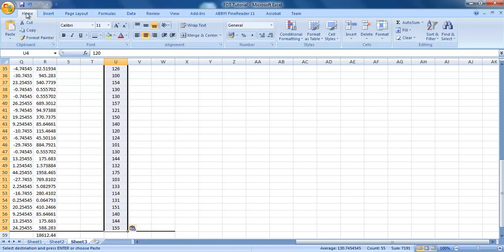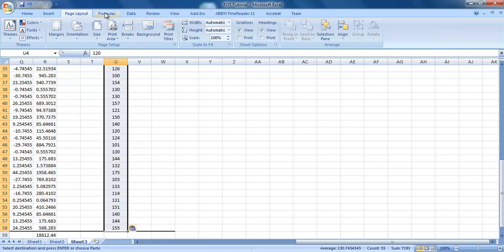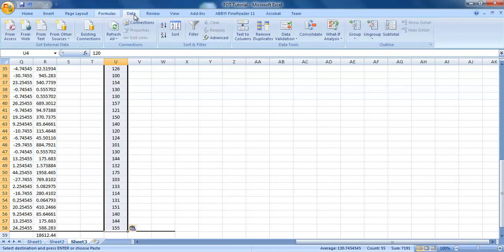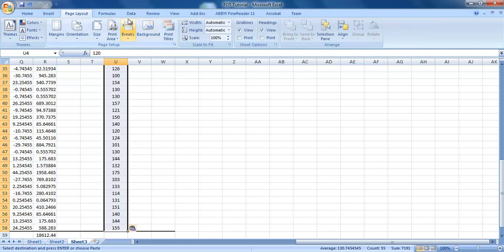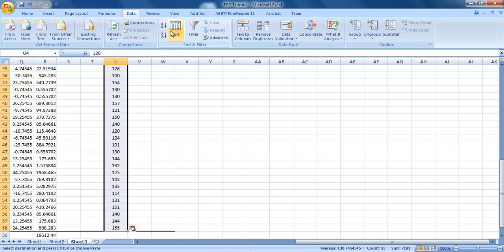So in your spreadsheet application, you have the data. In the Data menu or ribbon, you have the sort button. Sort largest to smallest.